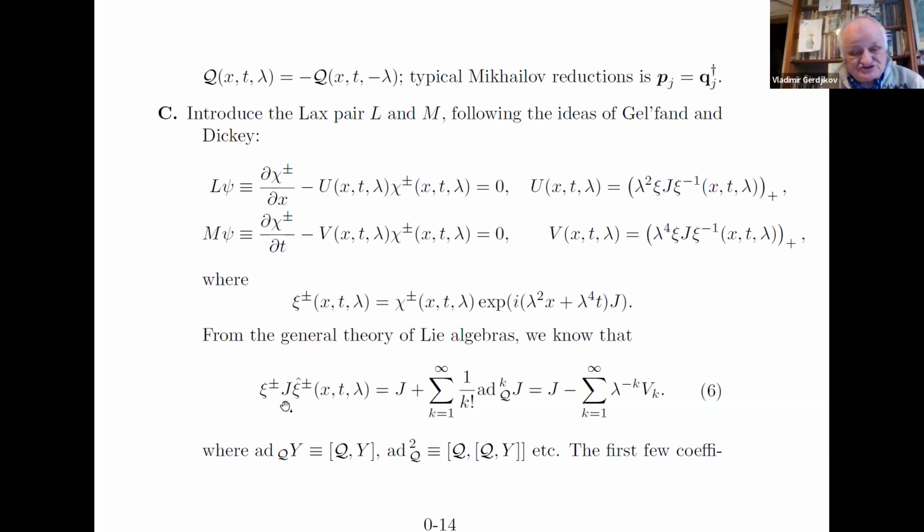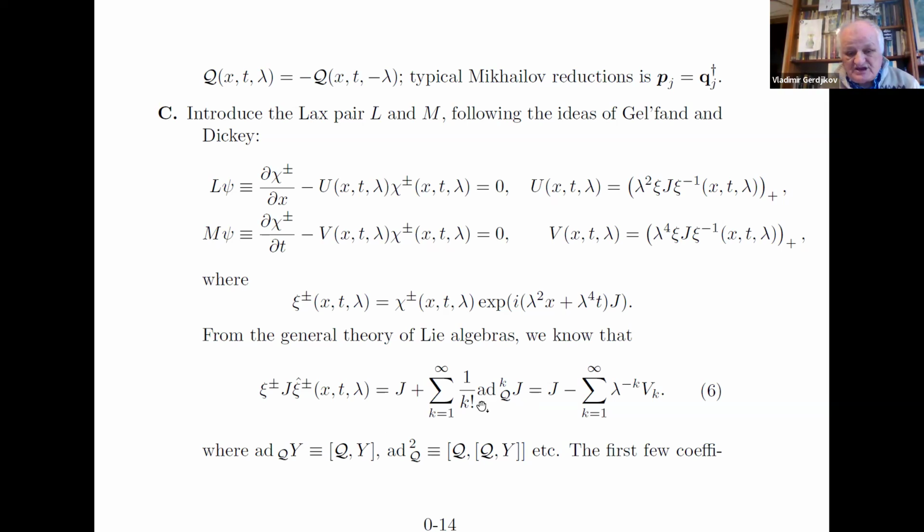So psi plus j psi plus inverse can be expressed using the standard formulae from Lie algebras as j, this is the first term, plus 1 over k factorial ad of Q twiddle to power k over j.